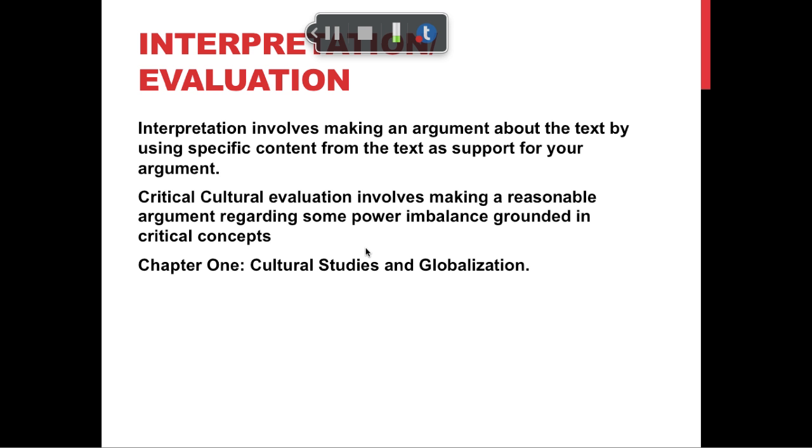I will say that a cultural studies perspective may lend itself more readily to a critical intercultural analysis that focuses on this notion of power, because cultural studies really is about this idea of a conflict in power.